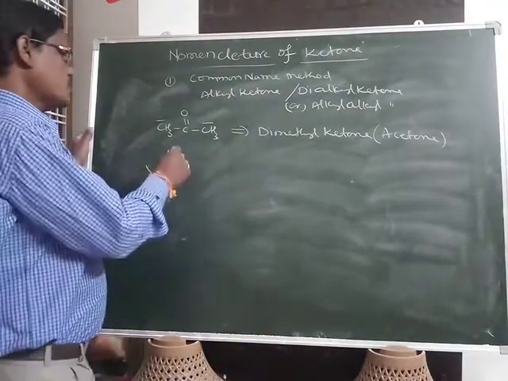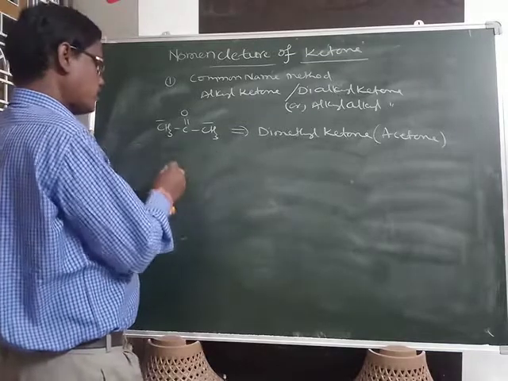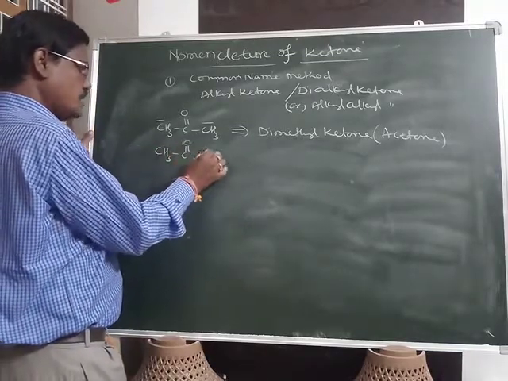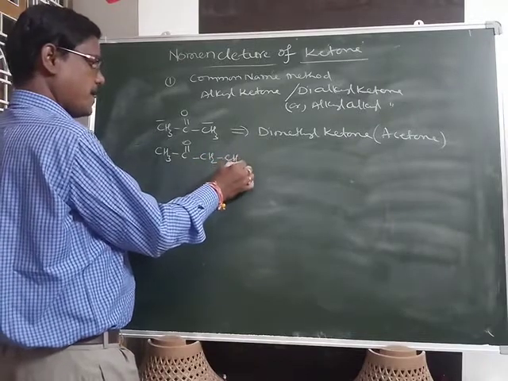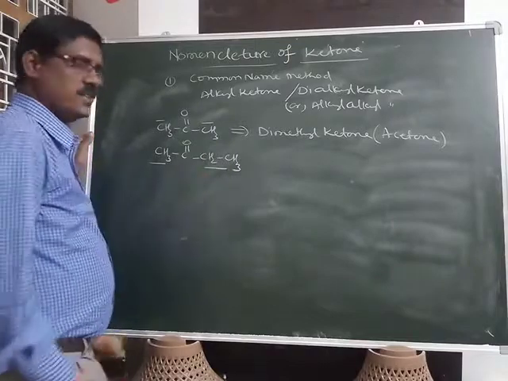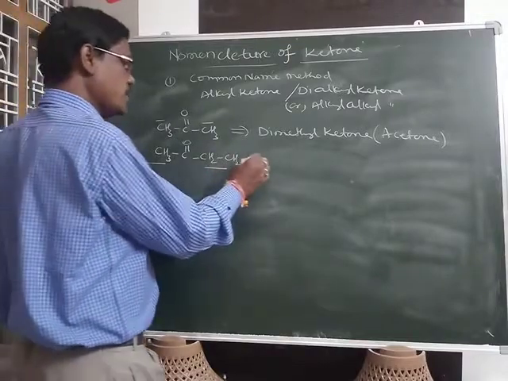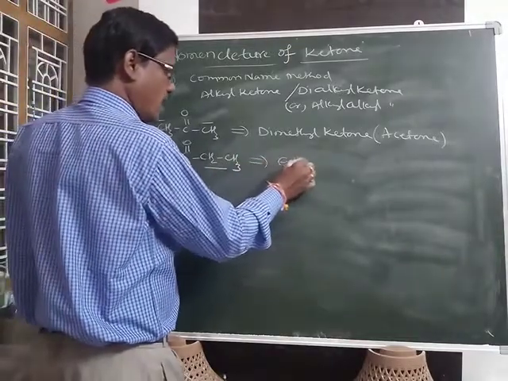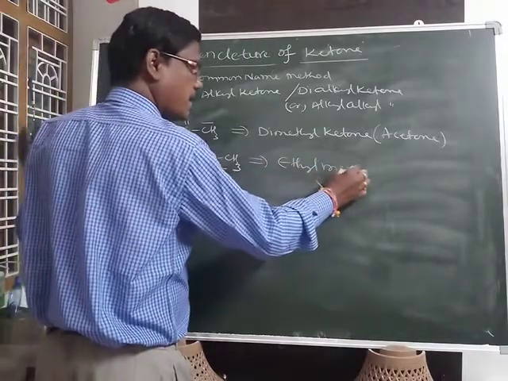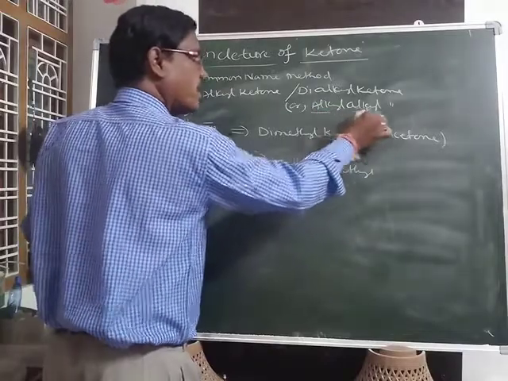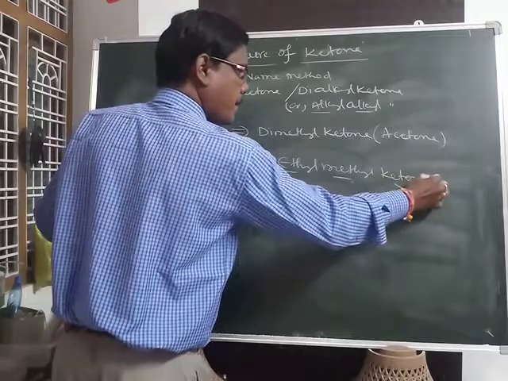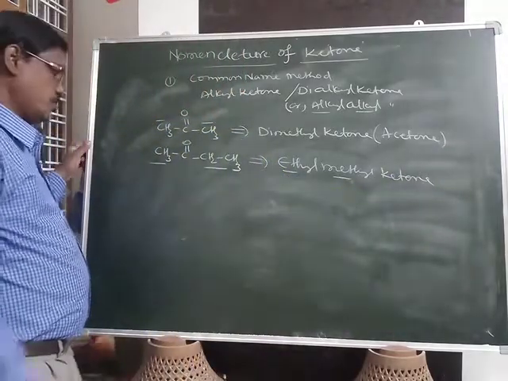Okay. Next, CH3, C double bond O and CH2CH3. Here this one is named as methyl, this one is named as ethyl. Therefore its name is, in alphabetical order, first the ethyl group, ethyl methyl ketone.